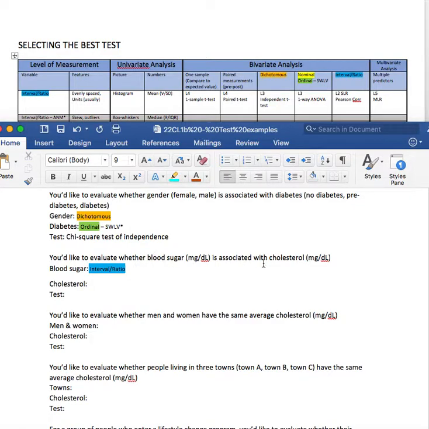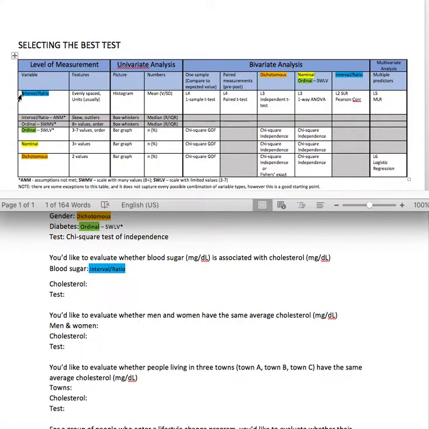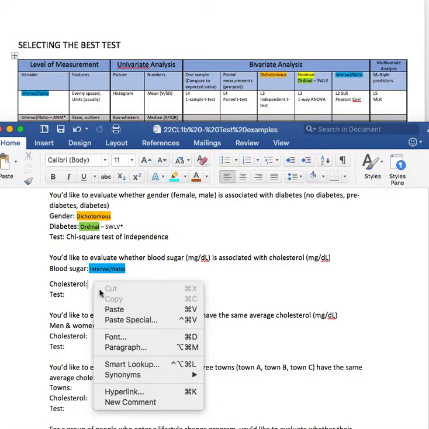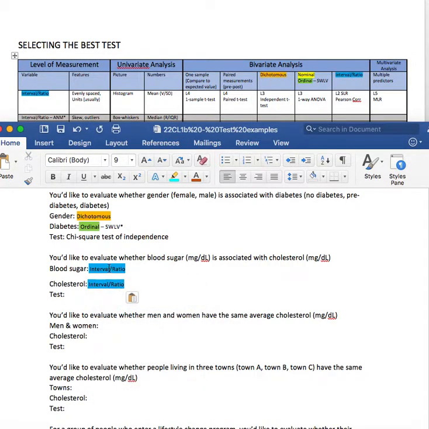And if we have cholesterol also measured in milligrams per deciliter, I'm going to try to copy it without the carriage return. That's also interval ratio. And so here we have a situation where we have interval ratio by interval ratio. And so the test for that is called a simple linear regression. I'll spell it out this time.